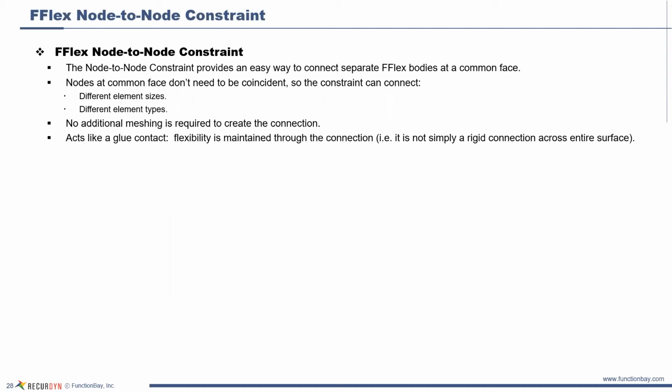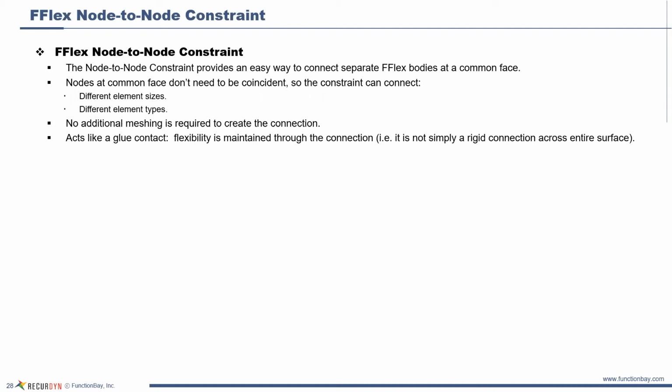So you can have different element sizes and or different element types. This node-to-node constraint will connect the meshes without any extra meshing having to be done.